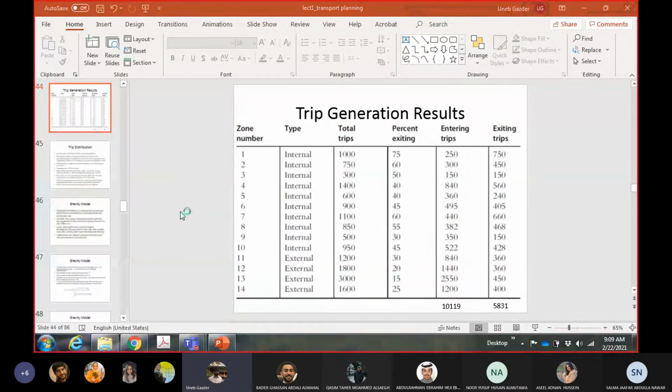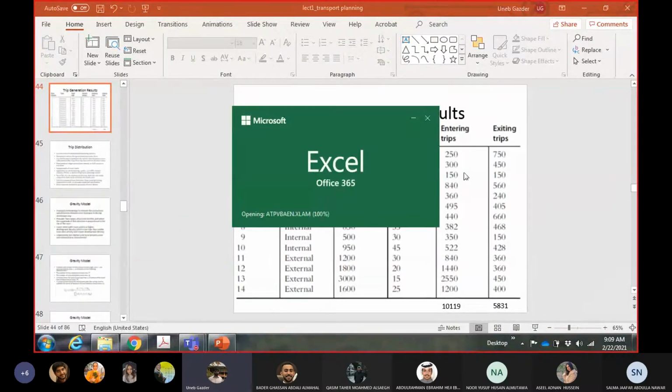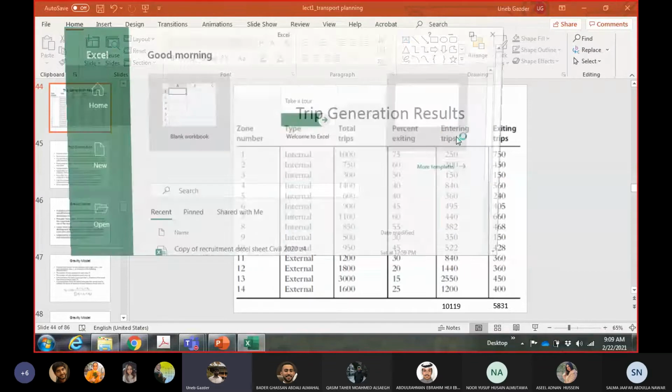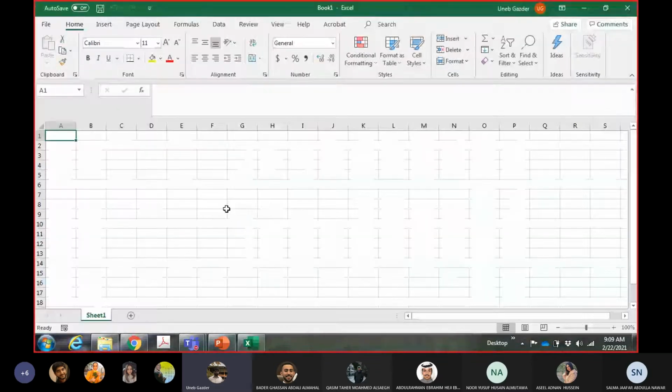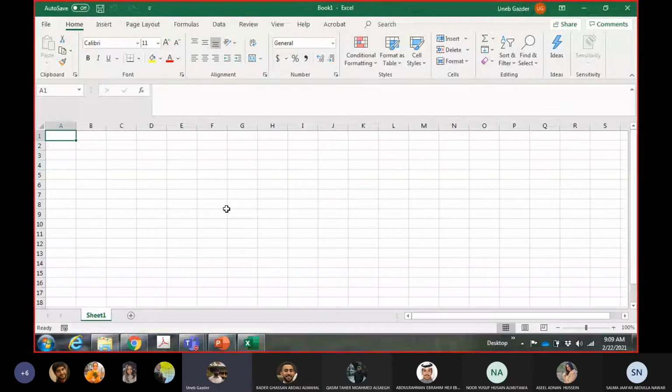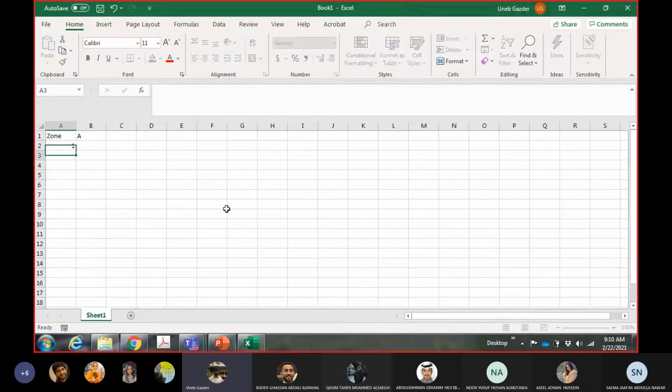So let me open it here. 0.58. So all the trips in this column, the entering column, the attracted trips column, must be adjusted using this factor. So for example, zone, and this is trips attracted. 1, 2, 3, 4 and so on.